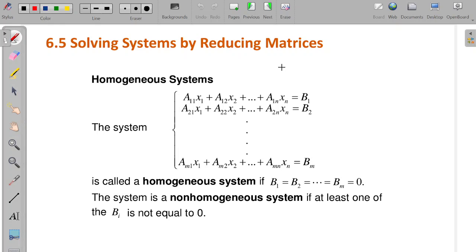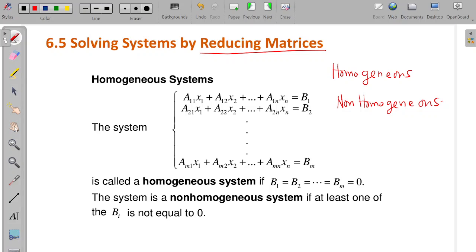We are still solving systems by reducing matrices, but this time around we want to talk about systems we call homogeneous systems and non-homogeneous systems.